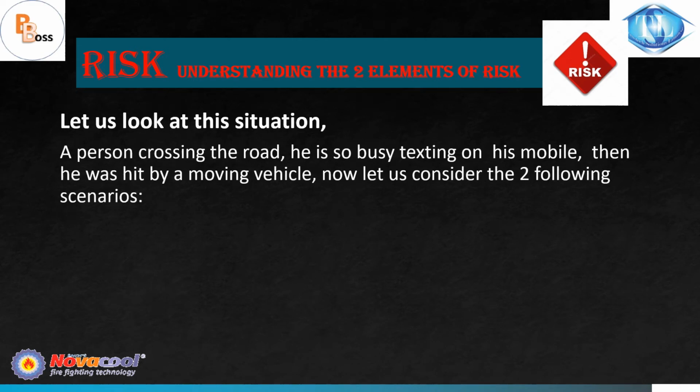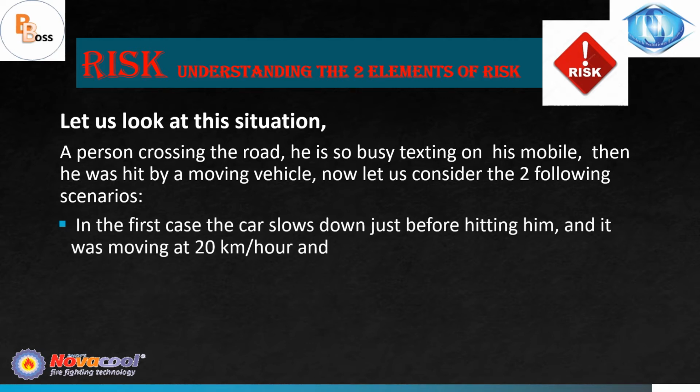A guy was crossing the road and he was busy chatting, and as a result of that he was hit by a vehicle. Now let's have a look at these two different scenarios, similar but different. In the first one, the driver saw him and he slowed down, and his speed came down to 20 kilometers and he hit him. He didn't kill him.